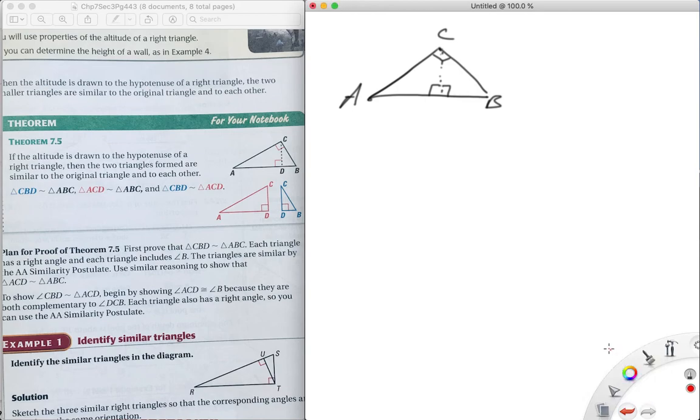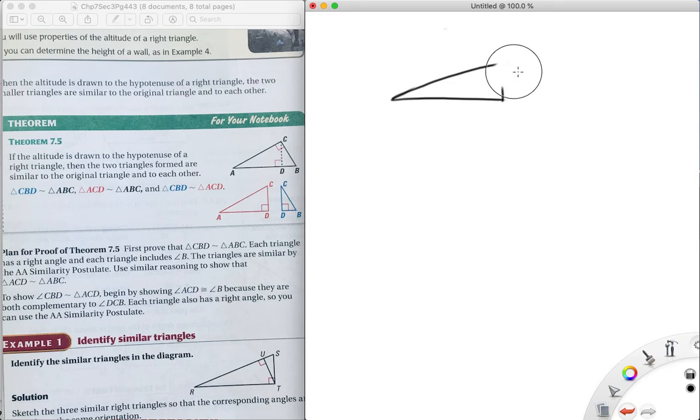Then we cut this up into, actually, let's make this a little better so it's easier to see. So we have a triangle. There we go. Let's do that.